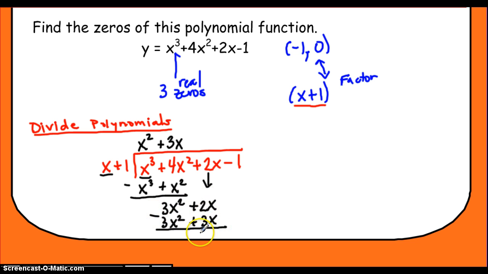This is 0. This gives me -1x. Then you bring down the next term. So we're just practicing long division. So what times x gives me -1x? Well, it would be a -1. -1 times x is -1x. -1 times +1 is -1. If I subtract those, I'm left with 0.